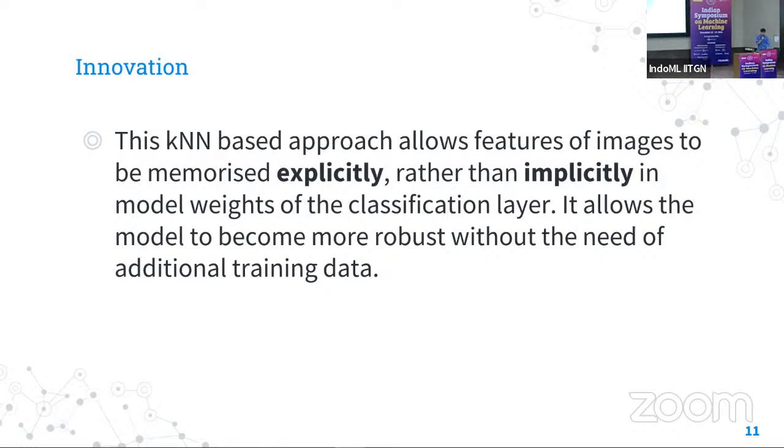This approach allows us to separate that information, keep the factual information aside in a data store, and just use the transformer for visual document understanding. That is what I've tried to do in this solution. This approach allows the images to be memorized explicitly rather than implicitly, thereby allowing the model to become more robust, with no need for any additional training data.